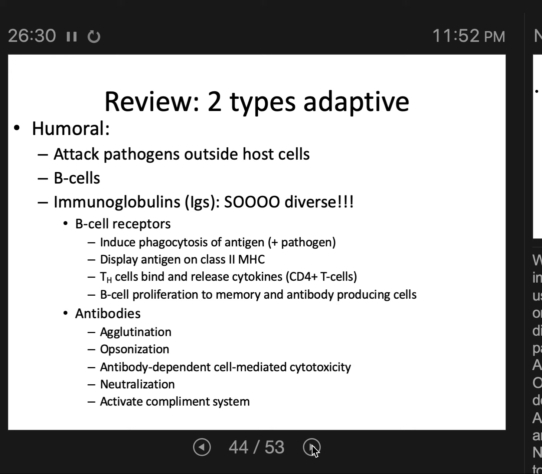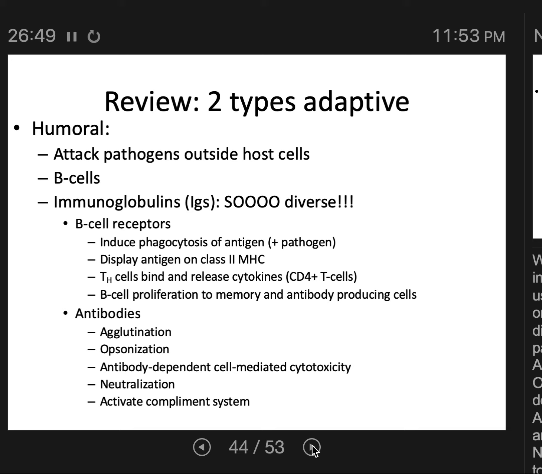The helper T cells then are going to come bind with the MHC class IIs, find the antigen there, and that's going to cause them to release cytokines, which stimulates the B cell to proliferate. It's going to proliferate a whole bunch of perfect clones that have the exact same B cell receptors that help them bind to and phagocytize the pathogen.